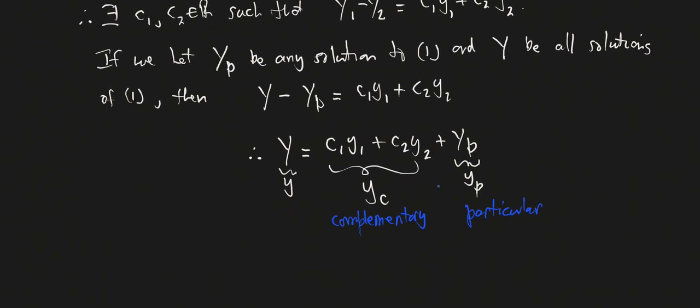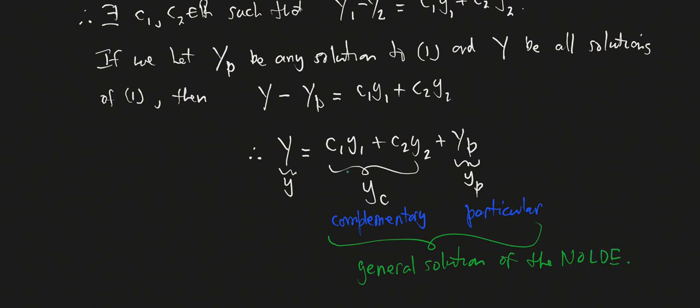And what we have here is that the sum of these two functions, when we add them together, we are going to get the general solution of, in fact, let me write it now, of the non-homogeneous differential equation, right?